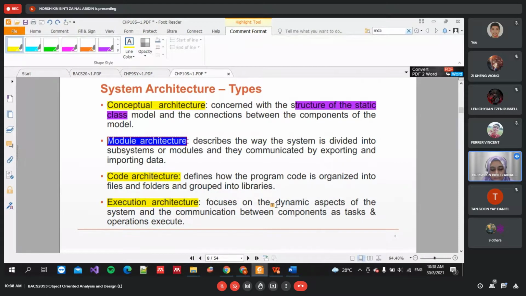A dynamic component is a component that does not have a defined location.